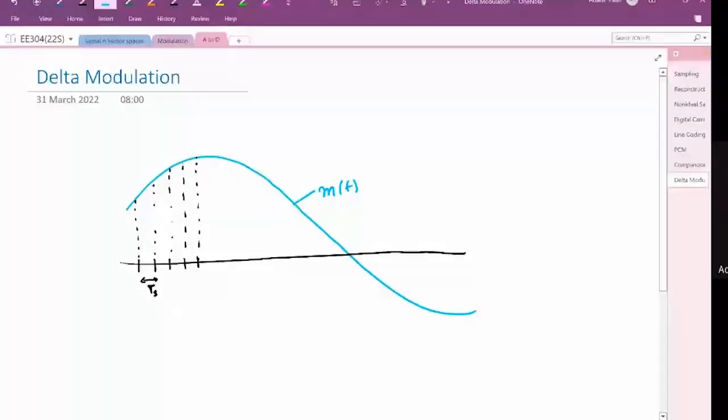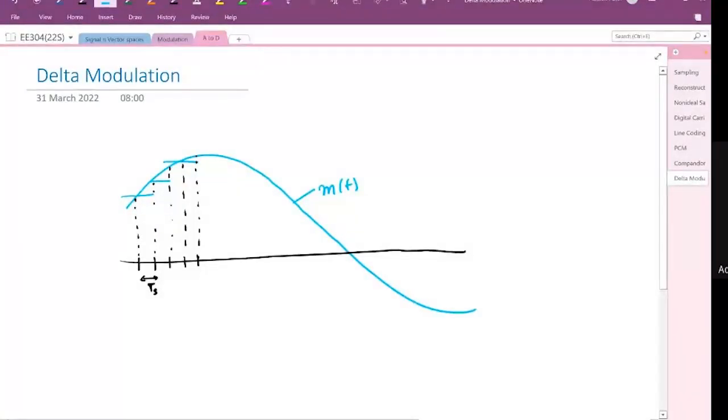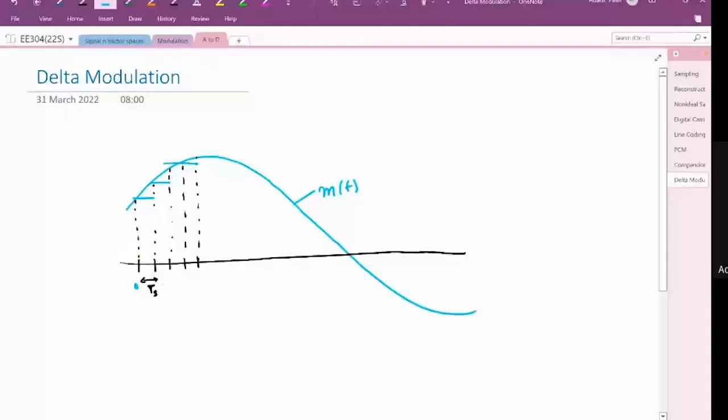In this case it could be this. So at this particular instant, supposing 0, then this is TS, 3 TS, 4 TS, and so on.